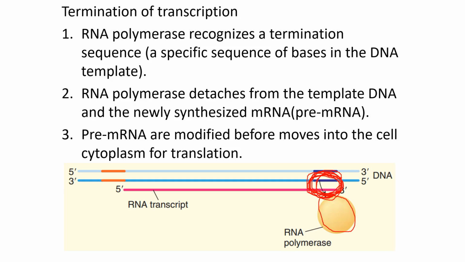Now class, this newly synthesized mRNA or newly synthesized RNA is known as pre-RNA. If you are talking about synthesizing rRNA, this is a pre-rRNA. To be general, this is a pre-RNA. Since I'm giving an example of mRNA, this is a pre-mRNA.